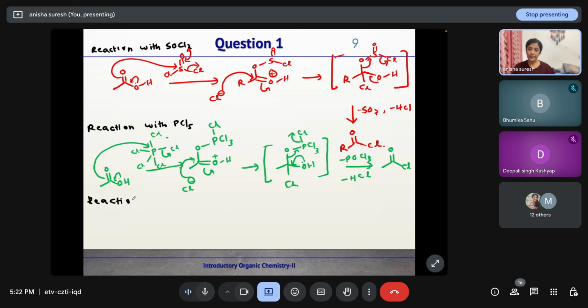It is also following a similar mechanism.